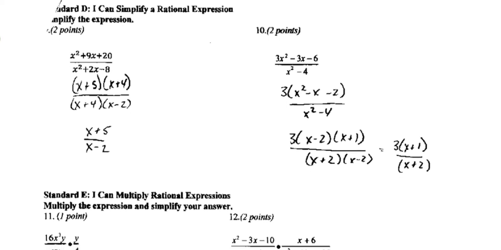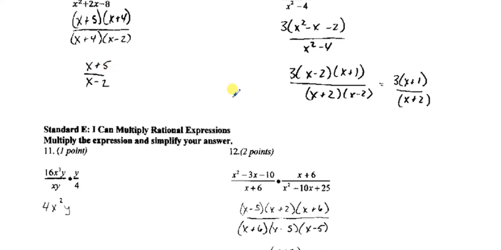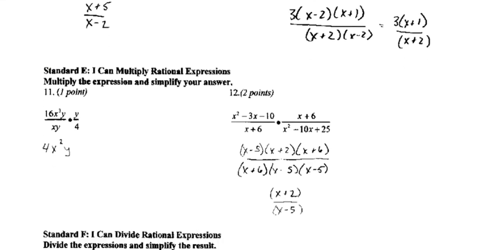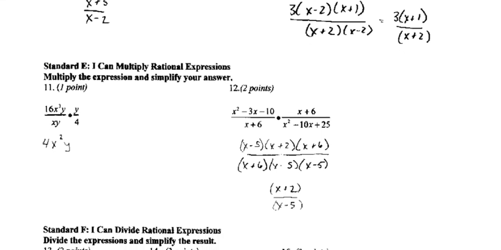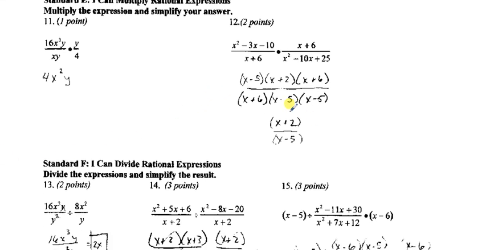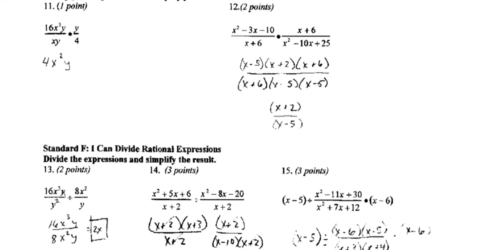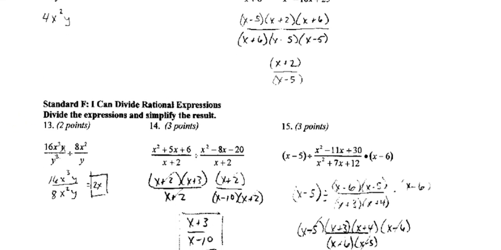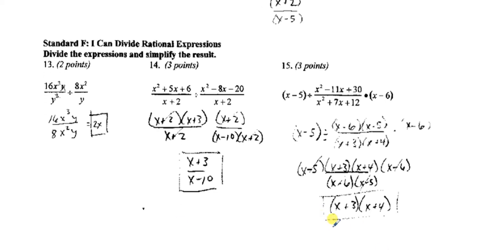And x plus 5 over x minus 2, 3 times x plus 1 over x plus 2, 4x squared y, a little hard to read. X plus 3, x plus 4.